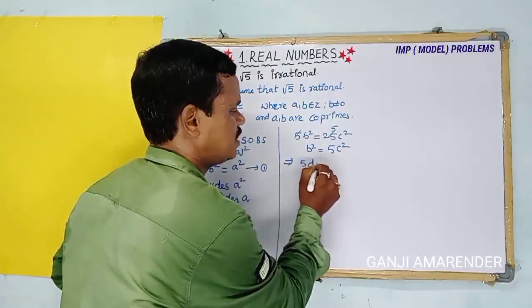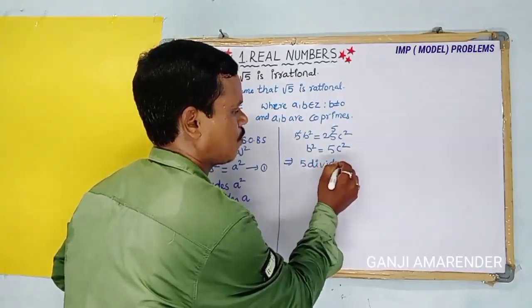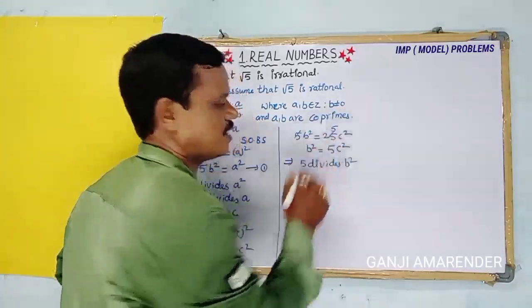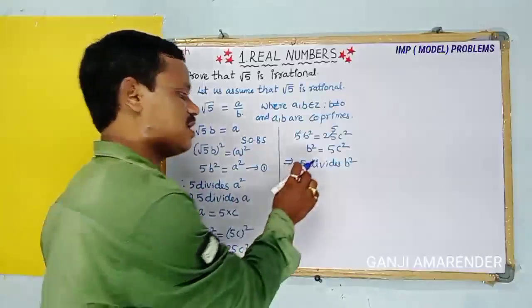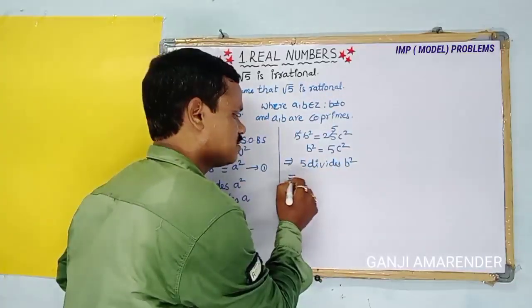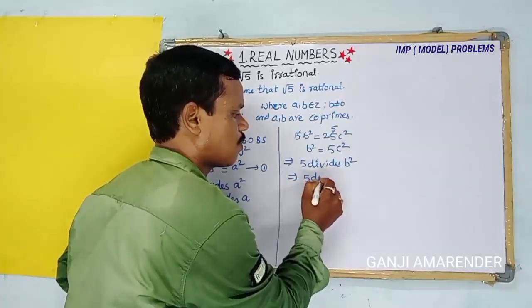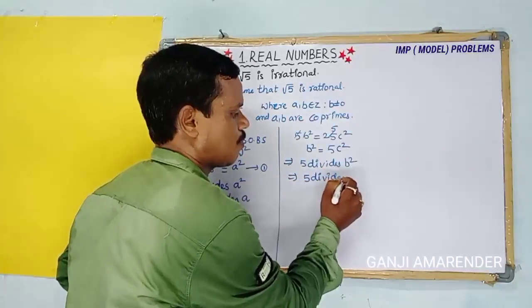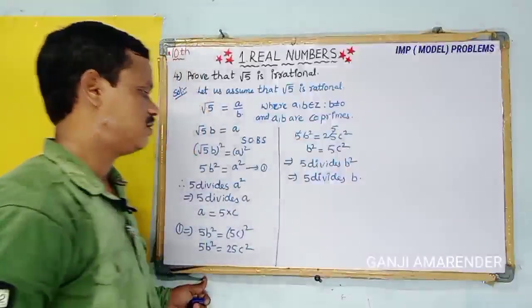5 divides b square. 5 is a prime number. 5 divides b square implies 5 divides b.